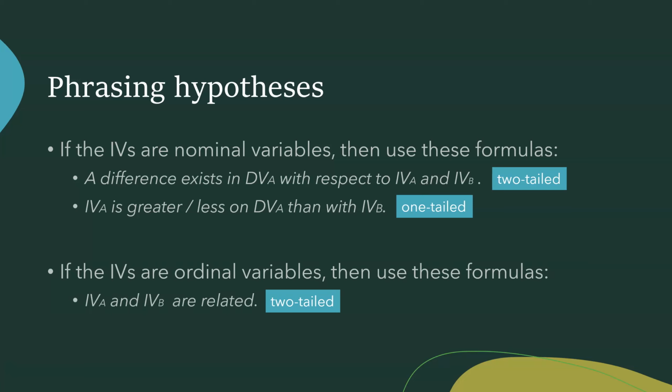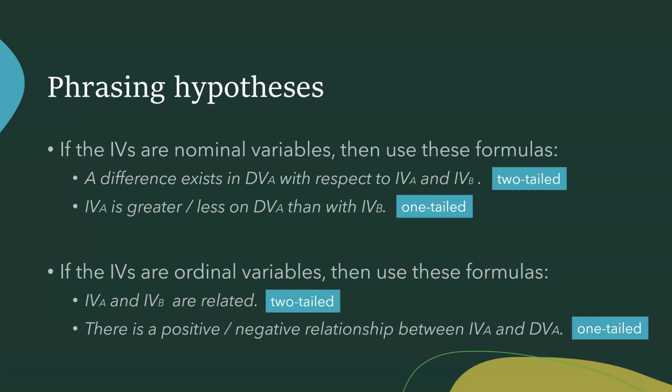For a two-tailed, you can just say independent variable A and independent variable B are related. For a one-tailed hypothesis, you can say there is a positive or negative relationship between independent variable A and dependent variable A.